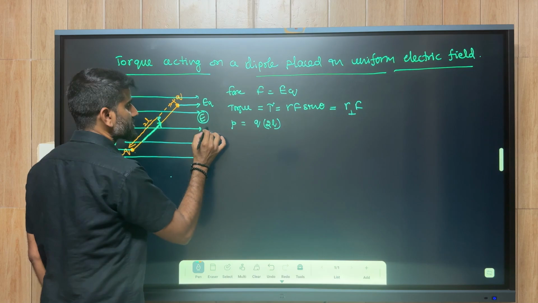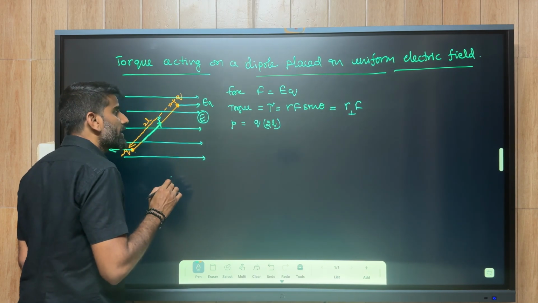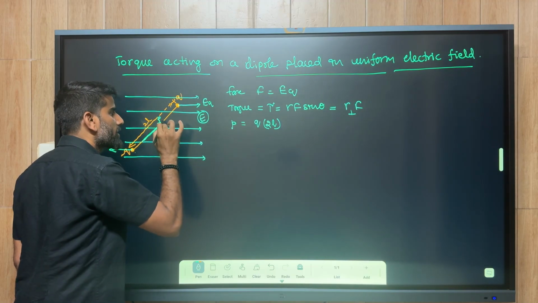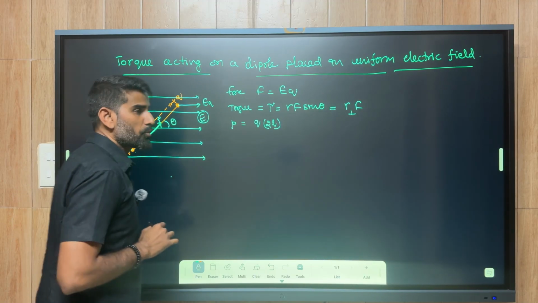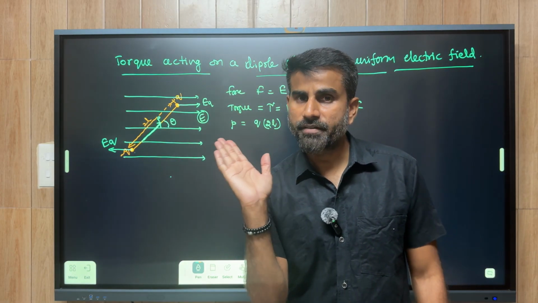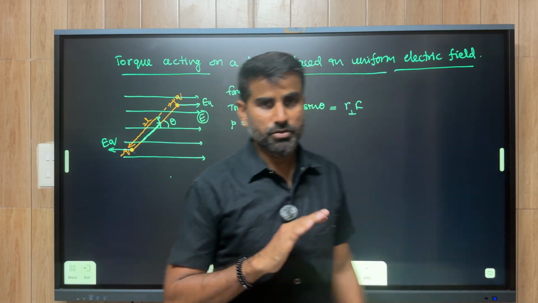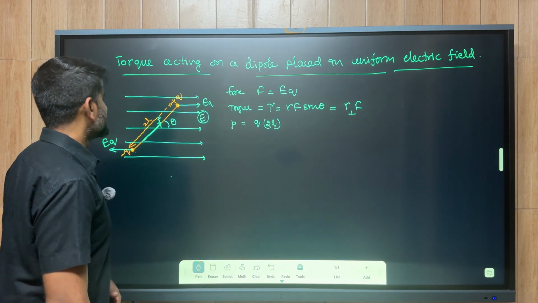Now the electric field direction is this one, to the right. Let the angle between dipole moment and electric field be theta. Now I've taken the dipole at a certain angle to the electric field.